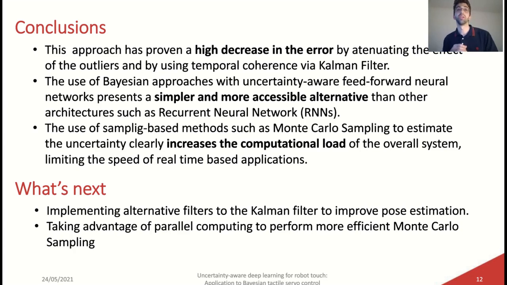And as expected, the use of sampling-based methods to estimate the model uncertainty clearly increases the computational load of the overall system, which in some scenarios might compromise real-time applications.